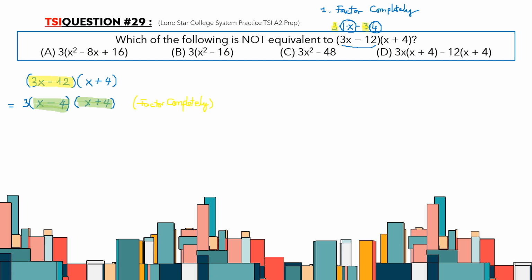If you're familiar with the fact that a minus b times a plus b gives us a squared minus b squared, in our problem, we have x minus 4 times x plus 4. So we can rewrite it as x squared minus 4 squared.